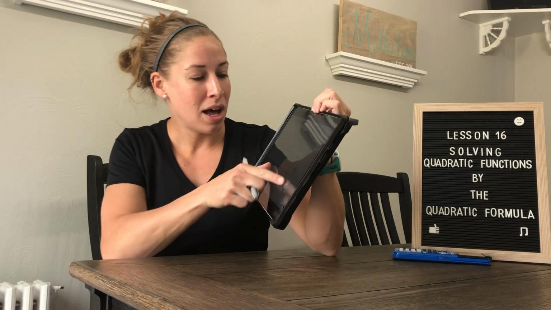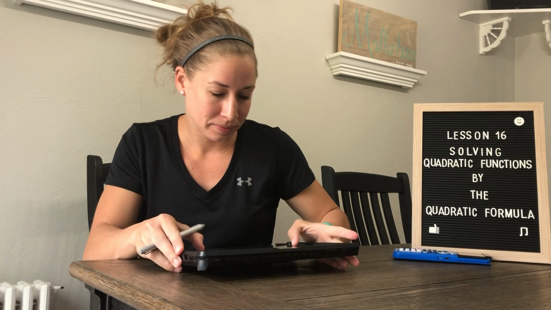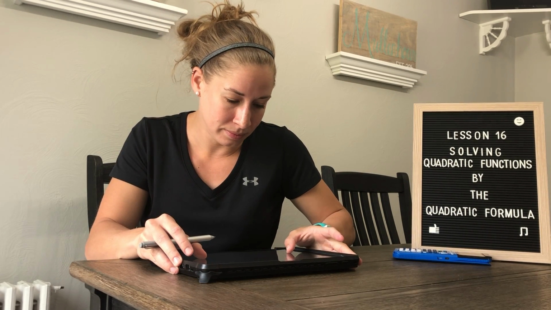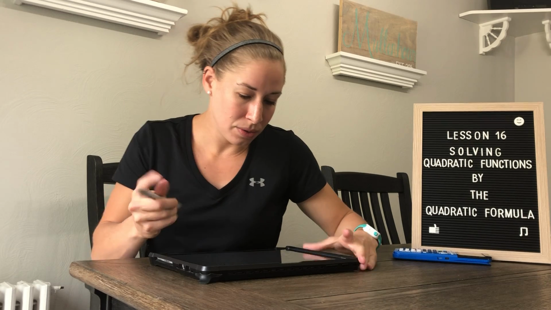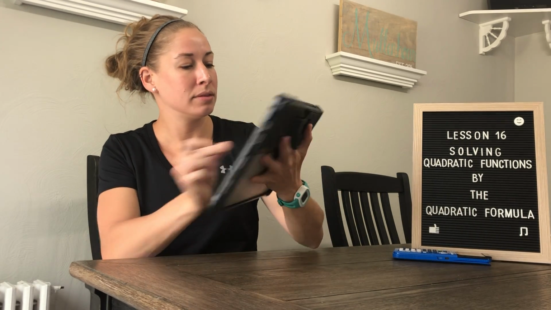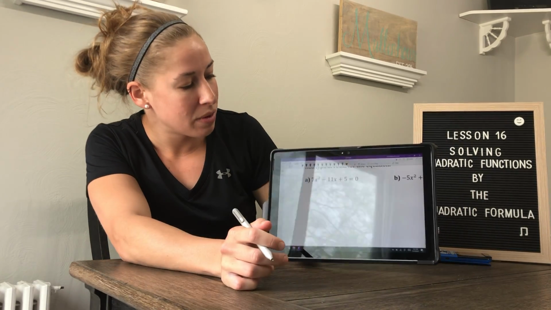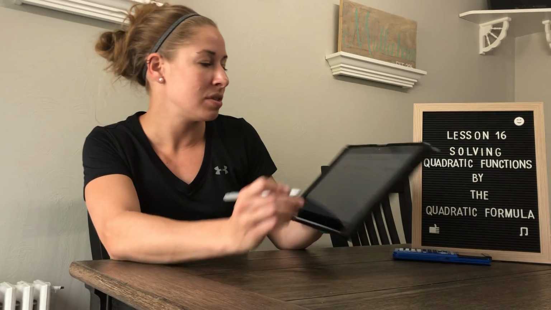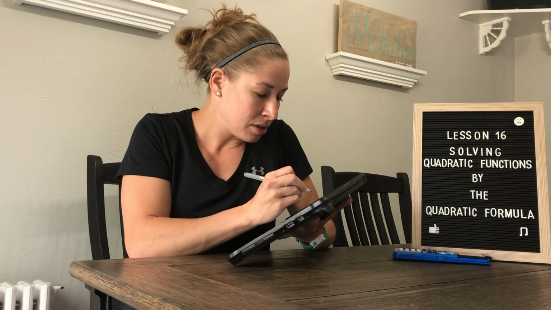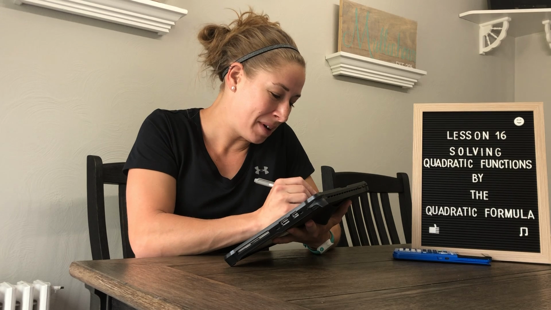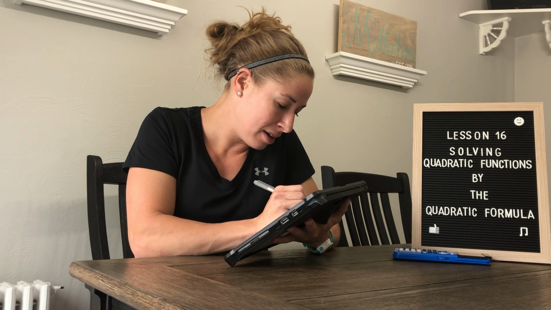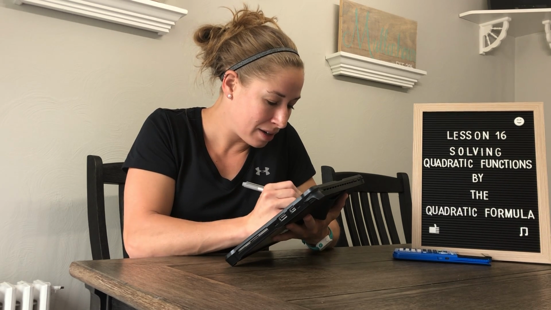All right. Let's get to some examples. Let's do A together. So 7x squared minus 11x plus 5 equals 0. So we're just finding the value of the discriminant, which is the b squared minus 4ac.